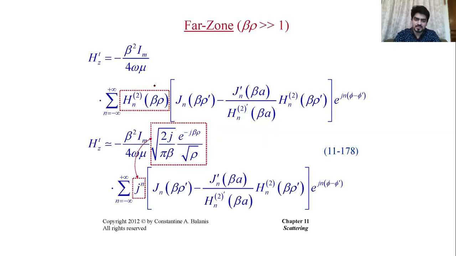So in this definition of Hz, we'll apply this asymptotic expansion, which is nothing but in terms of an exponential function, right? That represents a radiating field in the rho direction, traveling waves in the positive rho direction, and we have used this many times. So this will be your expression for the Hz field approximately in the far field.